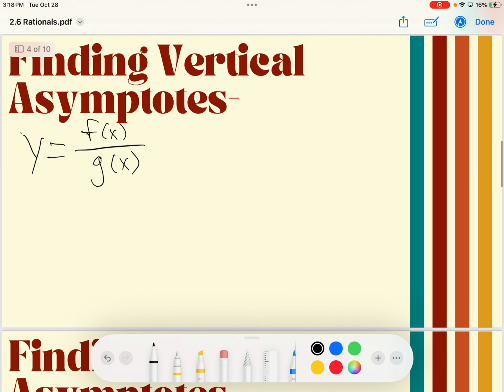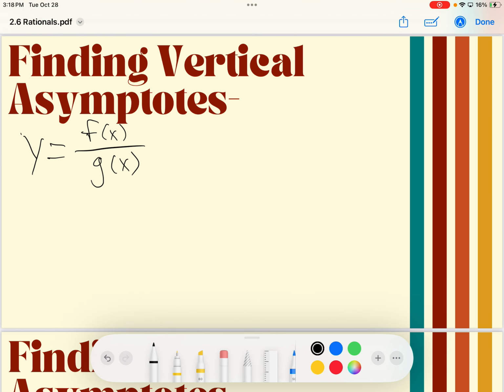So we get our vertical asymptotes by setting g of x equal to 0. So that's what's going to go on that second blank. Vertical asymptotes are found by setting g of x equal to 0.